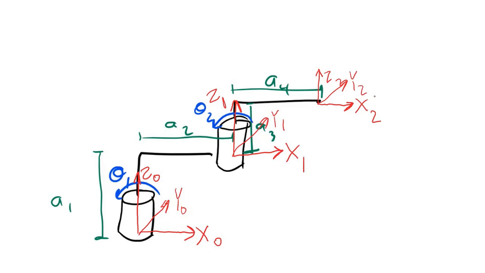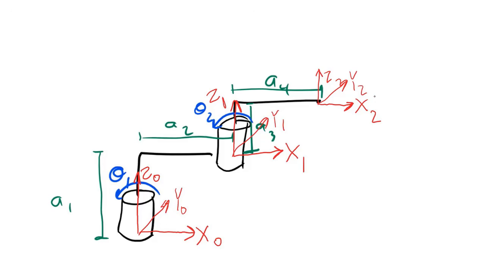Now, in this case, the rotation of frame 1 relative to frame 0 when the joint variable is 0 is no rotation at all. You'll see that in the kinematic diagram, x1, y1, and z1 are all in exactly the same directions as x0, y0, z0.